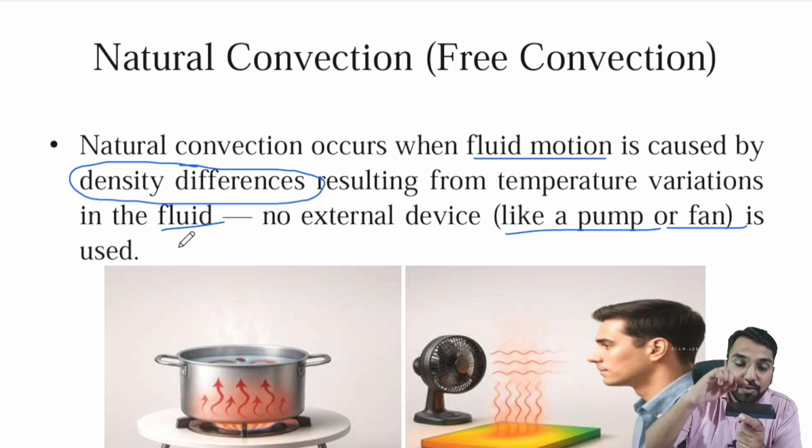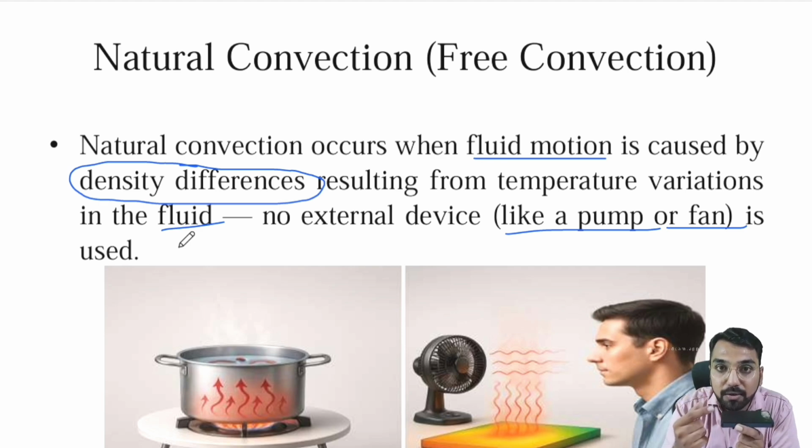While rising up, the next layer that comes in contact with this hot plate will be the layer which has low temperature, because the low temperature layer will have higher density, and higher density particles will settle at the bottom. So this cycle continues, and by virtue of these density differences, the natural convection phenomenon occurs.